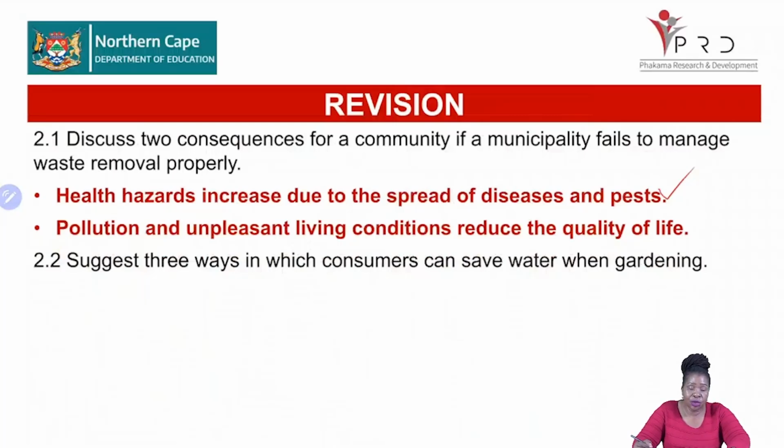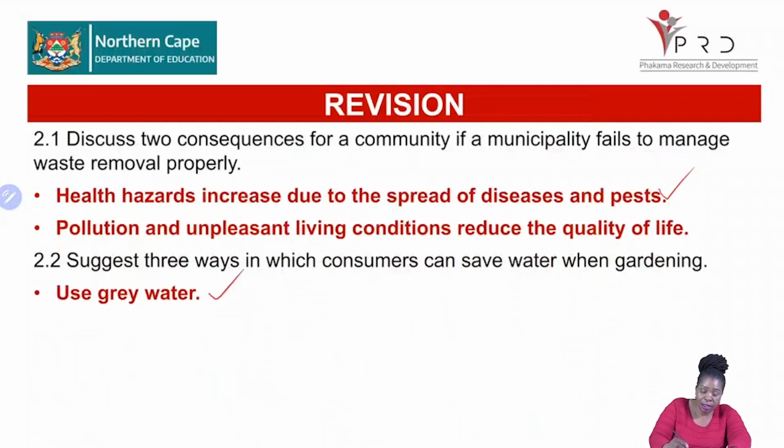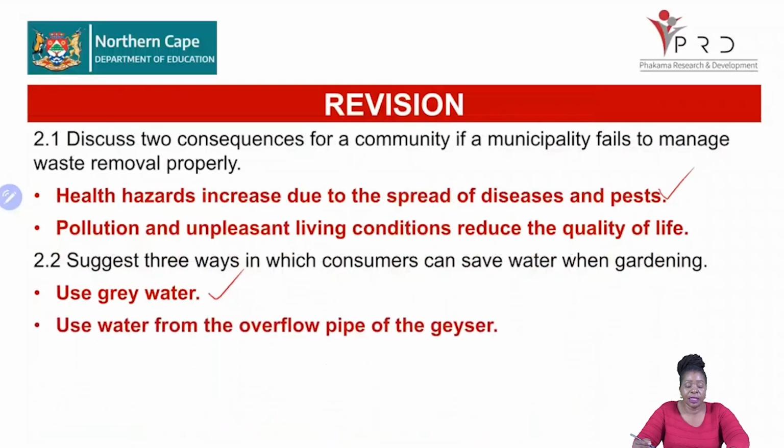Then 2.2 says, suggest 3 ways in which consumers can save water when gardening. They can use gray water. Gray water is the water that we use for washing as well as bathing. We can use it to water the garden.